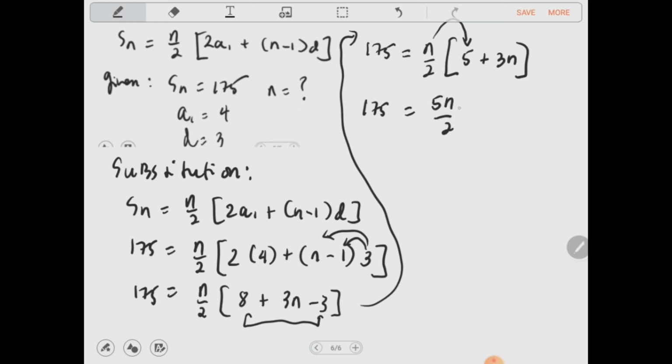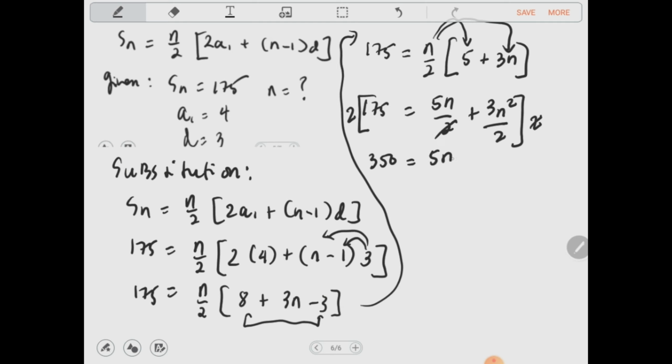So now we are going to eliminate our denominator by multiplying both sides by 2. So 2 times 175 is 350, is equal to 5n divided by 2 times 2. So we can cancel that. So it will have 5n plus 3n squared over 2 times 2. Cancel again. So we have 3n squared.